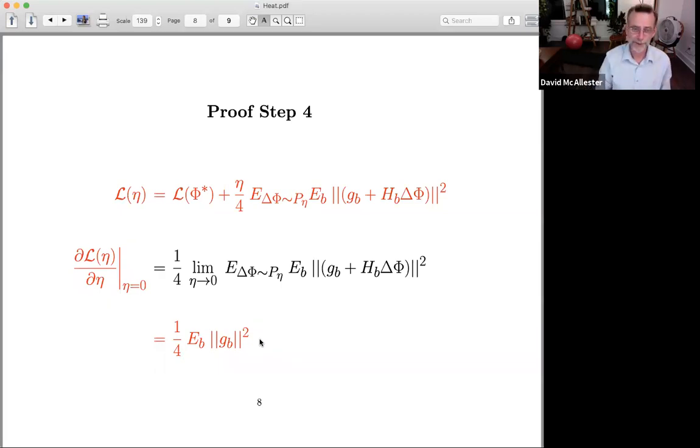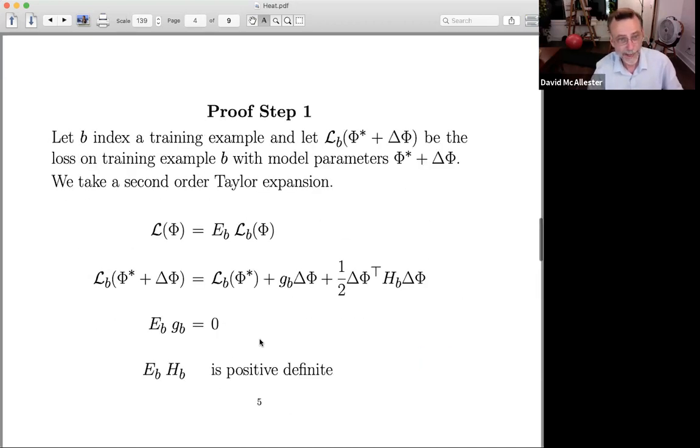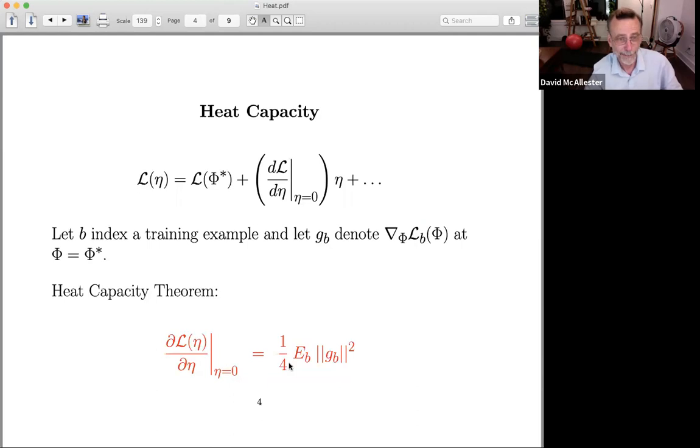Apologies if that was too dry, but let's go back to just the statement of the theorem at the top. This is something that should be empirically verifiable, although I haven't pursued that. And the result is pretty.